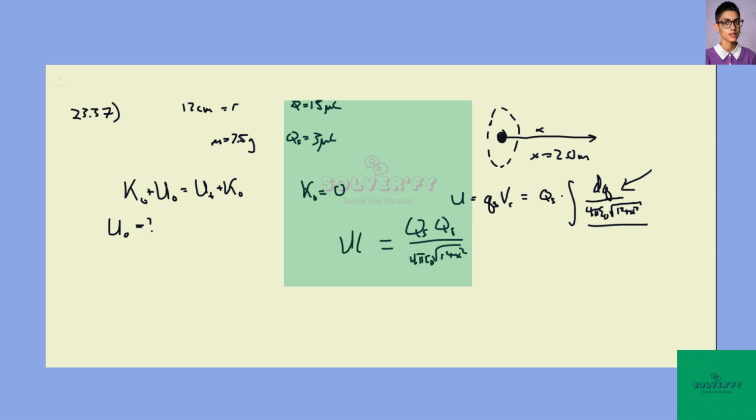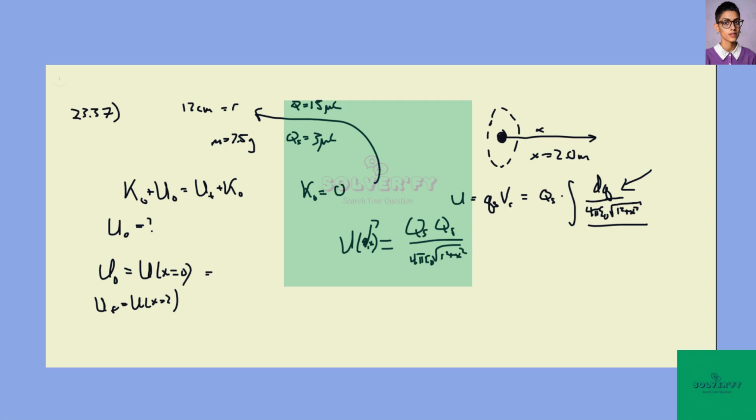So this is U as a function of R and X. Oh, R is a constant, sorry, this is just as a function of X. Little r is the radius of the ring here. Okay, so in that case, U naught is U at x equals 0. U final is U at x equals 2.